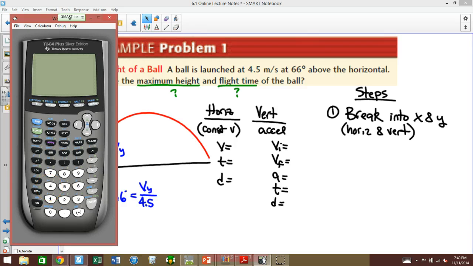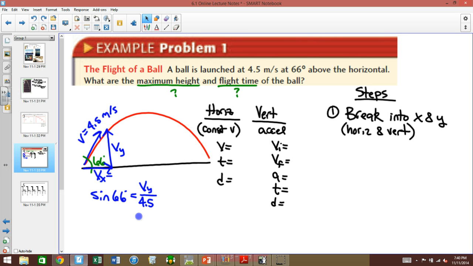4.5 times the sine of 66. And we get 4.11. So the velocity in the y direction is 4.11. And then we'll take the cosine of 66, and that's going to be the adjacent, which is the velocity in the x, divided by 4.5.